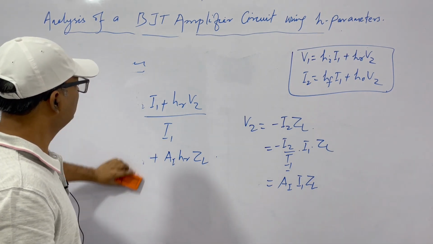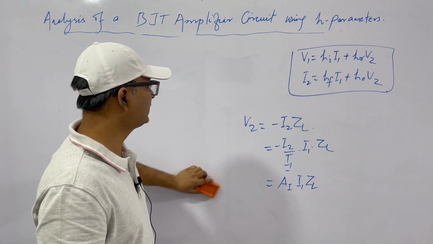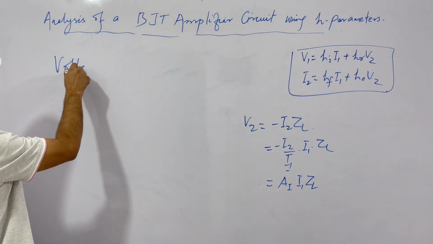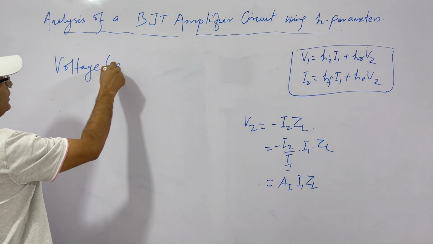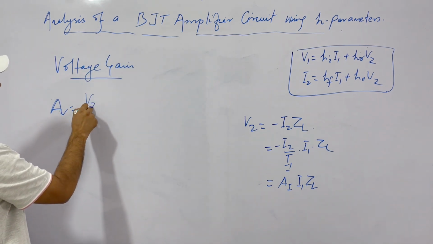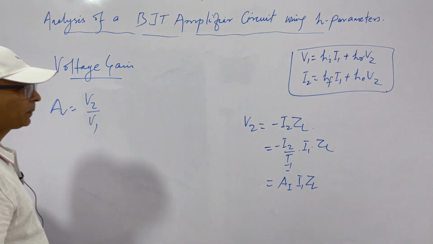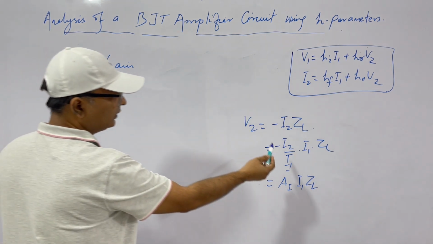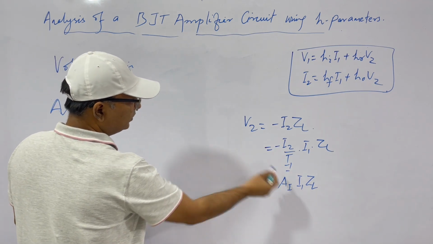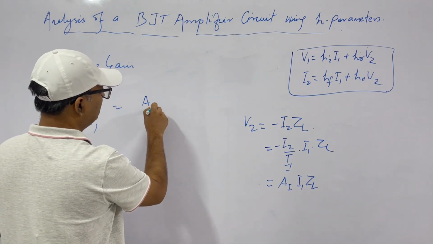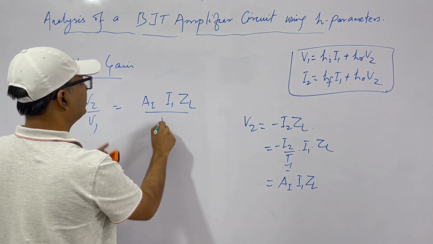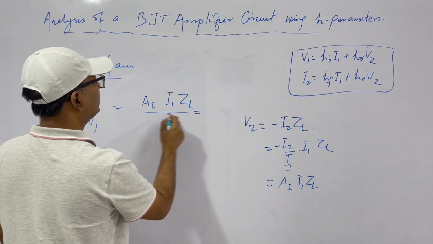Then we calculate our voltage gain. What is voltage gain? Voltage gain is defined as V2 by V1. No issue. V2 is here. See, V2 is basically this one. So it is AI into I1 into ZL by V1, or this is what?